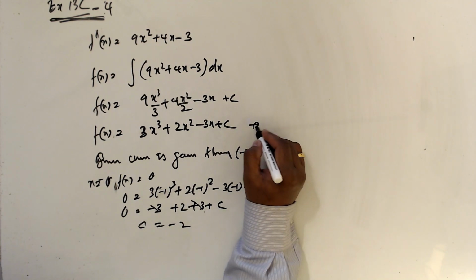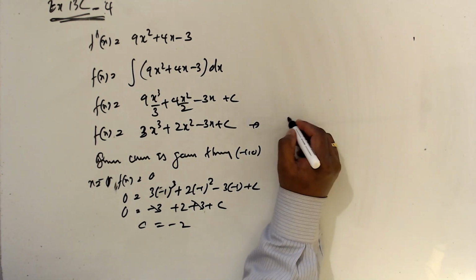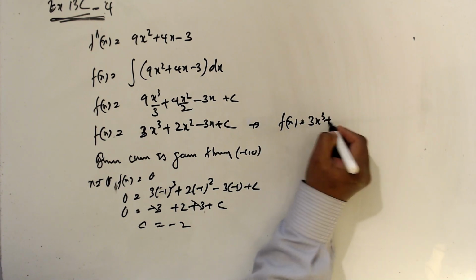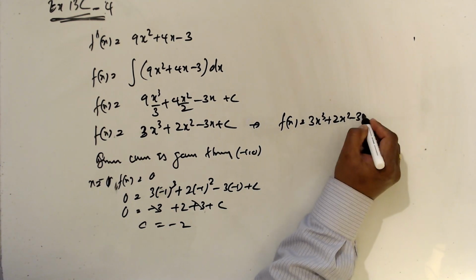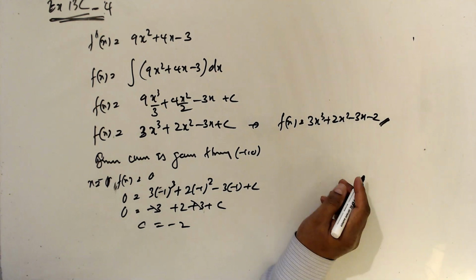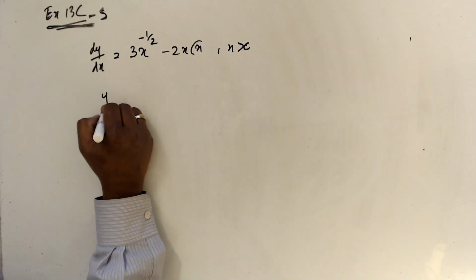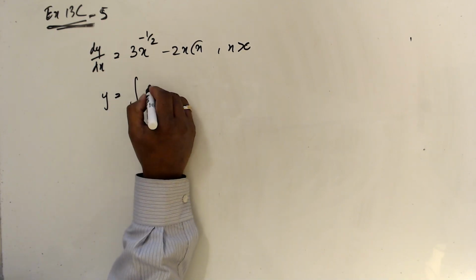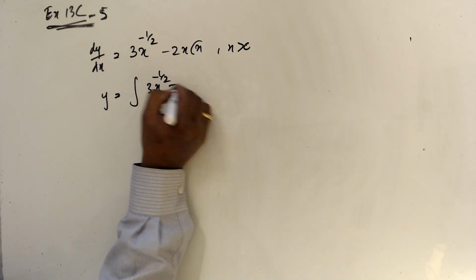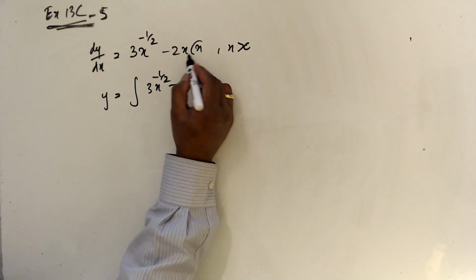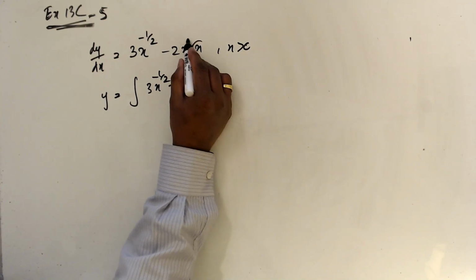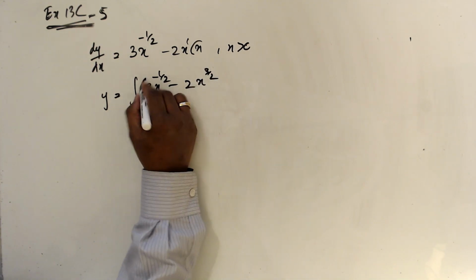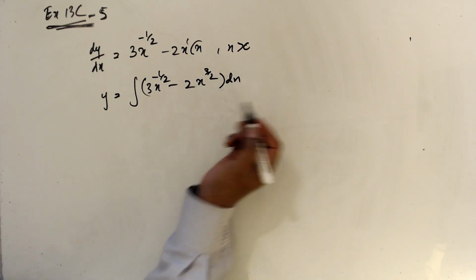So the curve is going to be f x equals 3x cubed plus 2x square minus 3x minus 2. Y equals, so this number 5. So y you can get when we integrate. This is x, this is 1, this is 1 half, this is 3 over 2 dx.